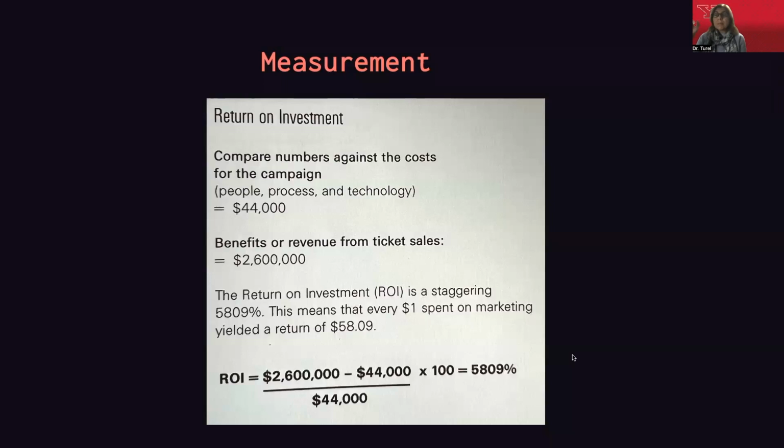What percentage of that money is your cost of marketing? When you calculate that, you can see a return on investment. So the difference divided by 44,000 is going to give you what percentage of return you're getting from this investment. So when you spend 44,000, you're making $2.6 million. That means for every dollar you spend, you're making $58, which is really not bad at all.